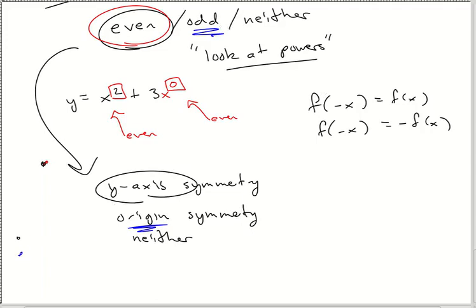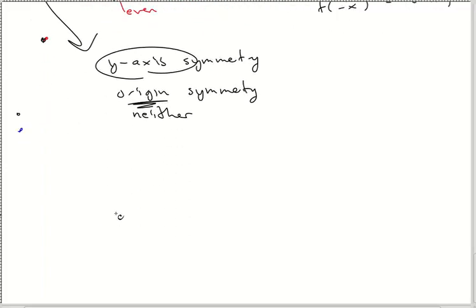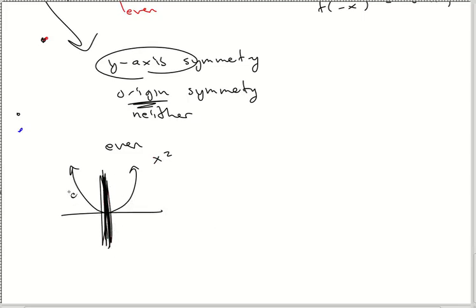I think just giving you words doesn't really help, so I'll rather show you graphs of what this means. It's cool to look at the powers and be done, but what does it mean to be symmetric? What's the point of this? So even symmetry looks like this. It's not perfect, but I'm going to choose x squared as my graph. And notice that I have symmetry about the y-axis.